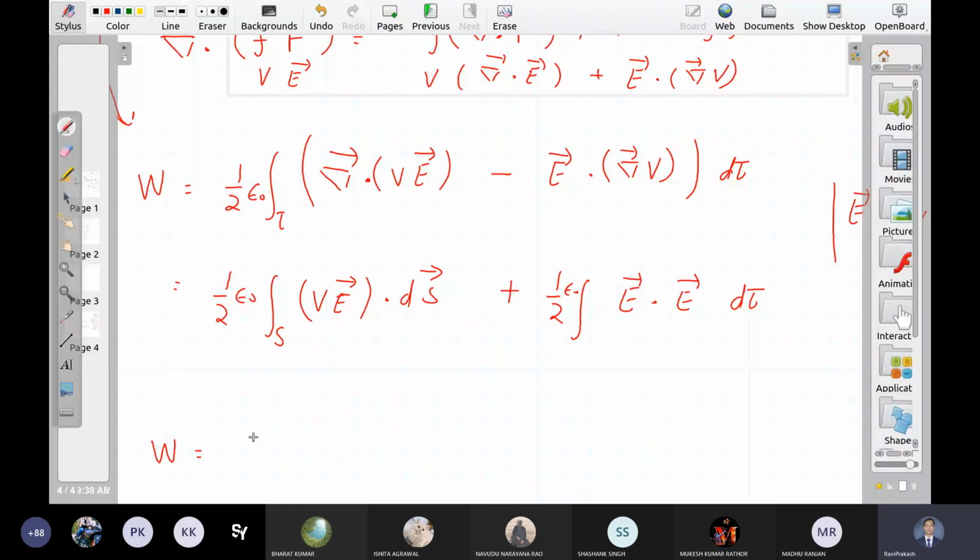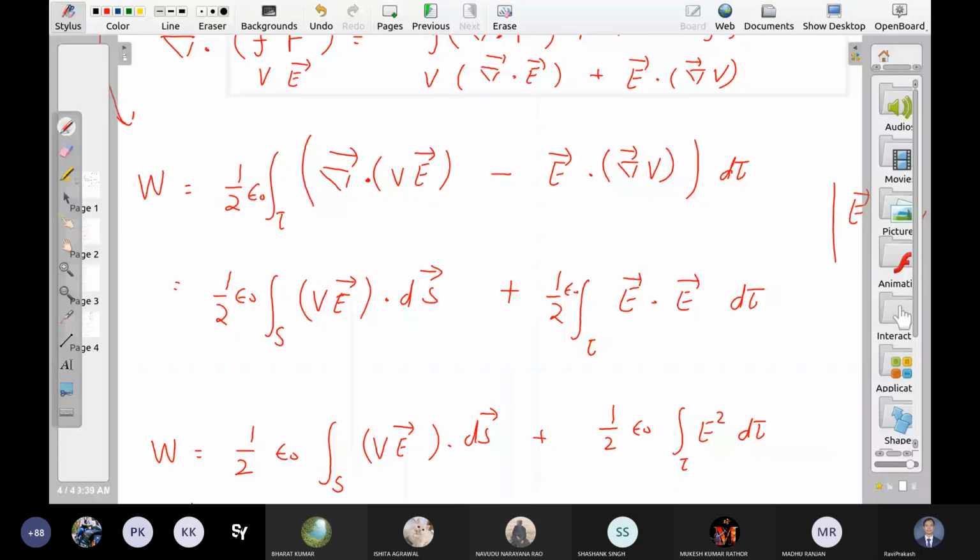It is half epsilon naught surface integral, but this is volume integral, half epsilon naught. But this is not a good looking integral. ये देखने में बहुत अच्छा नहीं लग रहा है, इससे तो पहले वाला ज्यादा सही था. But we can improve this result.